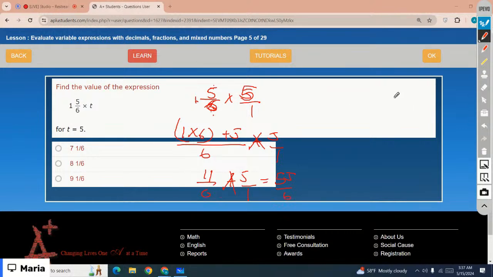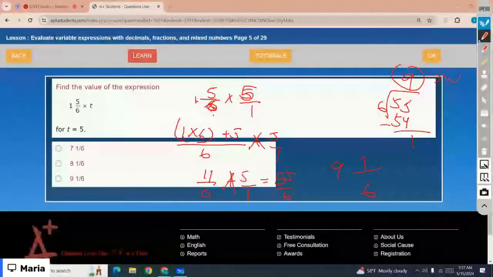Now you have to write down the answer again in the mixed fraction form, divided by the 6. 6 times 9 is 54, and 55 take away 54 is 1. That would be the numerator, and the 6 stays, so it is 9 whole 1 over 6. If you have any questions with this example, you can ask.